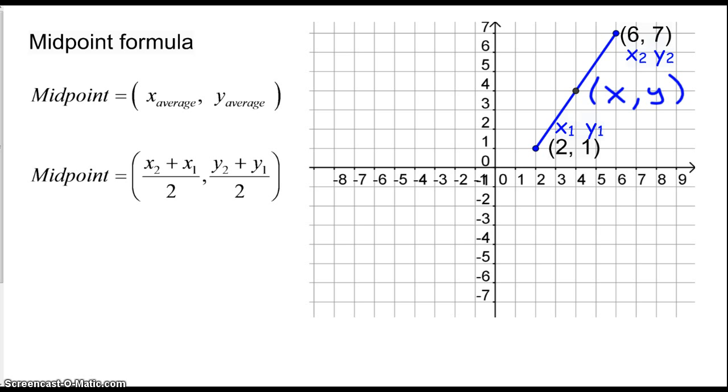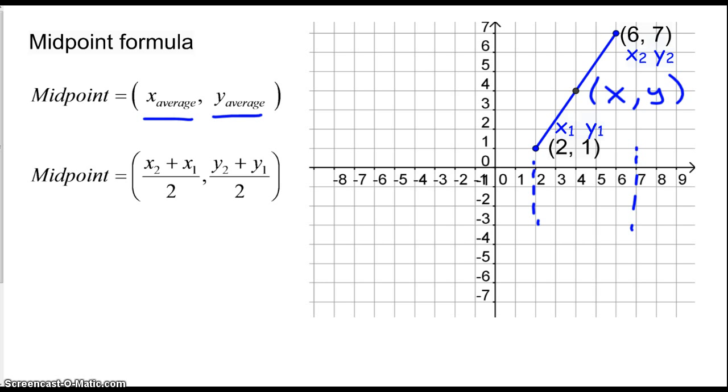Well, this x is halfway between these two x's, right? So it's really the average of the two endpoint x's, and the y for the midpoint is the average of the two y's. And so I think of the midpoint as the average x and the average y.